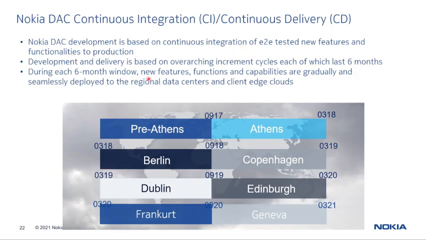So during each 6 months window, all these new features are gradually and seamlessly deployed to the regional data centers and to the edge clouds.